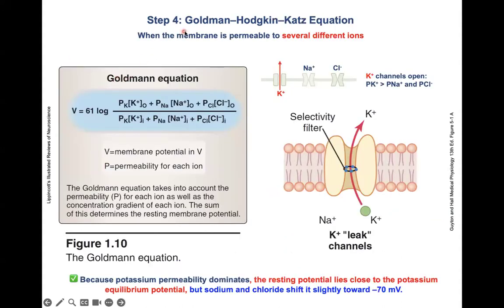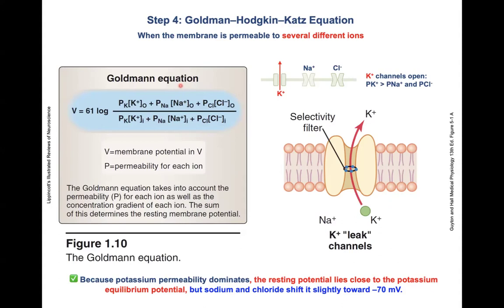Step 4. The Goldman-Hodgkin-Katz equation. The actual resting potential reflects the combined influence of sodium, potassium, chloride, and other ions, weighted by their relative permeabilities. This is expressed by the so-called Goldman-Hodgkin-Katz equation.